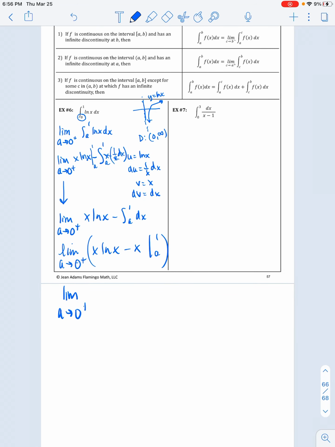And I've got another sheet of paper here. So the limit as a goes to 0 from the right, this is going to be 1 times ln 1 minus 1, minus a times ln a minus a. This one's really weird to understand.